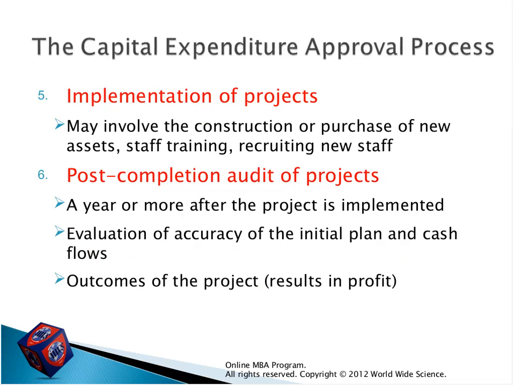The next step comes with the implementation of the project itself. Once the project has been accepted and approved, we are going to implement it. For example, if we have a capital expenditure project, like running an advertising campaign, how are we going to implement it?